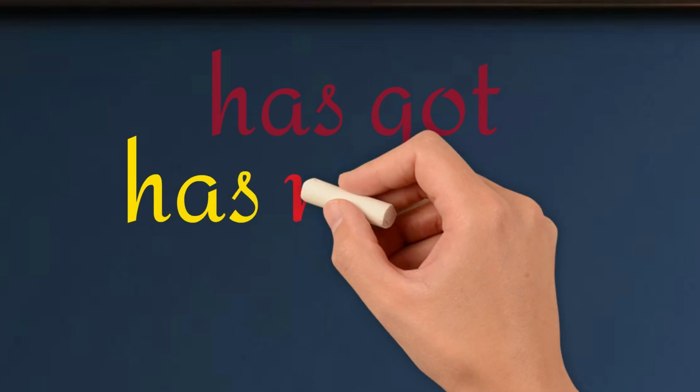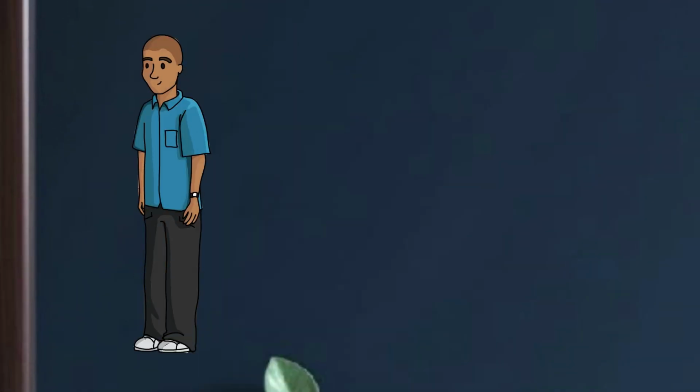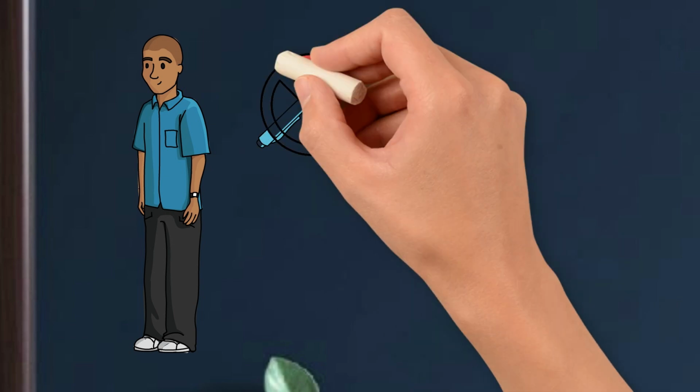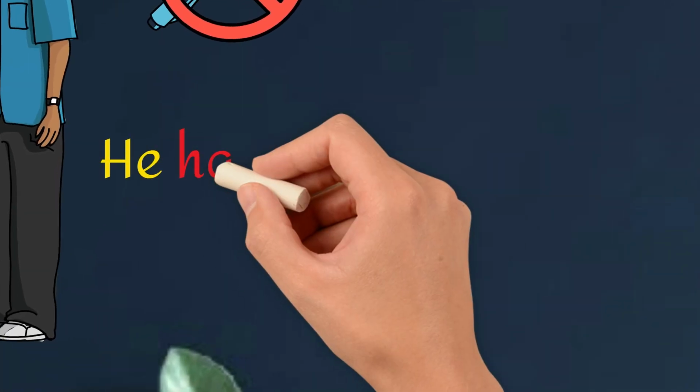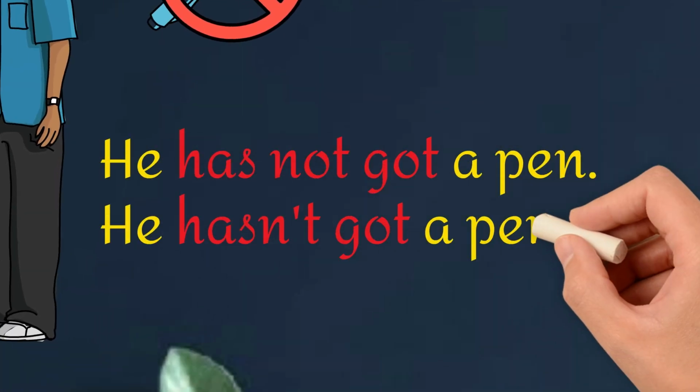Now let's talk about has got in the negative form. Has not got becomes hasn't got. Examples: he hasn't got a pen.